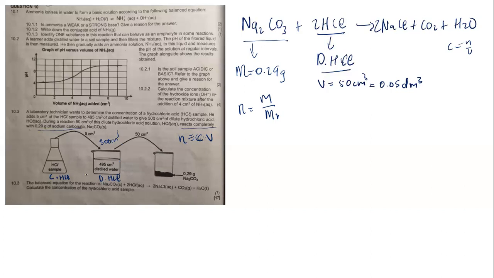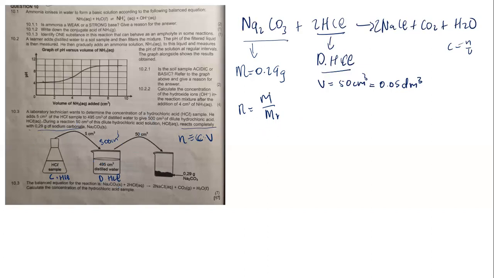So the number of moles in here is supposed to be the same as the number of moles in there. We use the same number of moles, it's just that the volumes are different. That means the concentration will also be different. Right, let us do the calculations. Maybe it will make much more sense.